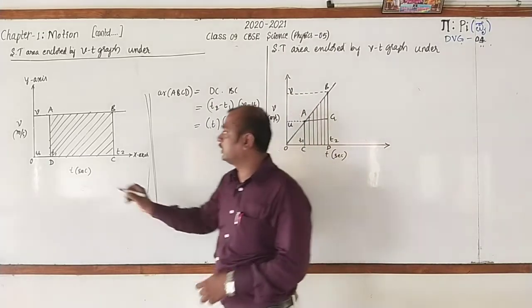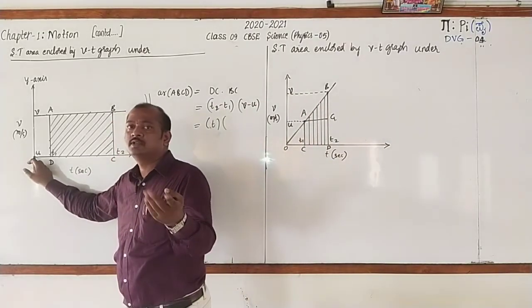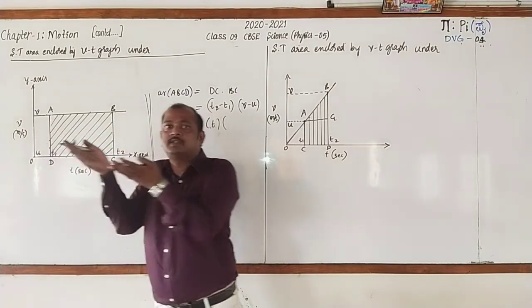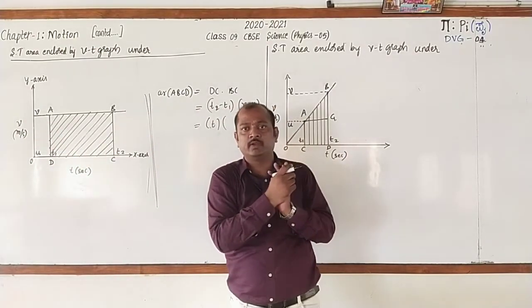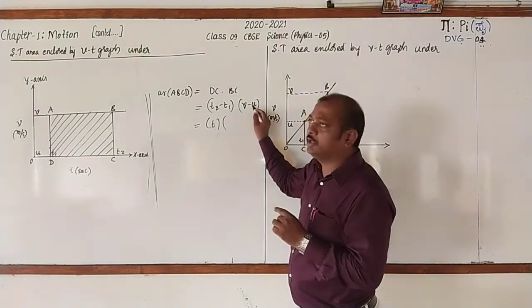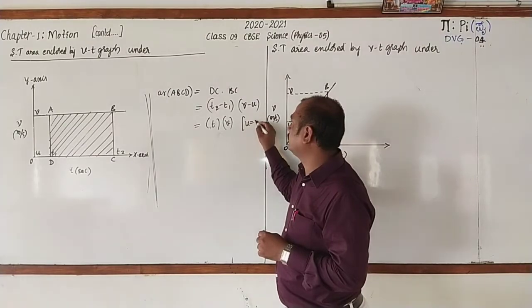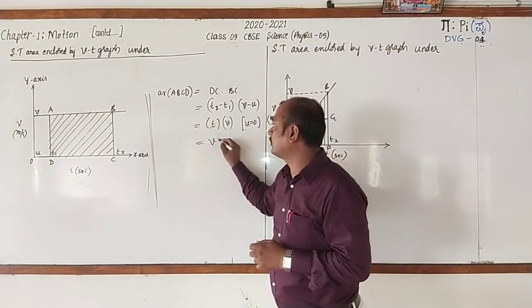V minus U. What is the initial velocity? It is 0. Here final, it has some velocity. With that velocity only the body is moving. Right? So I can write 0 in place of U. So it is just V only because U equal to 0. Then this is equal to Vt.